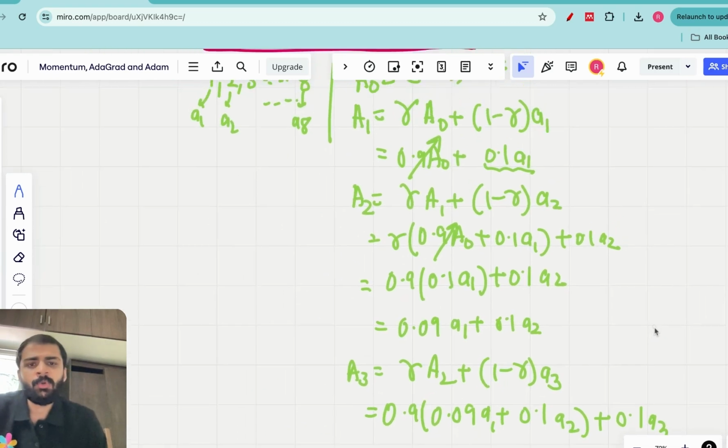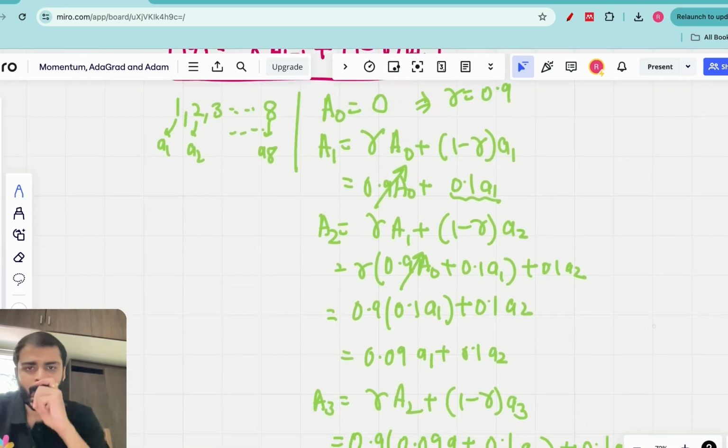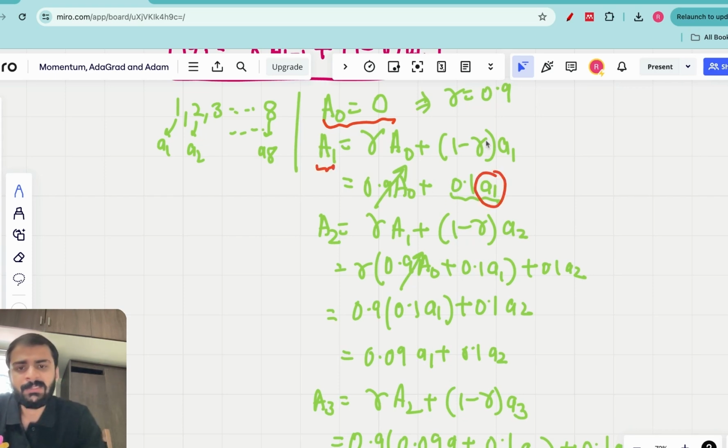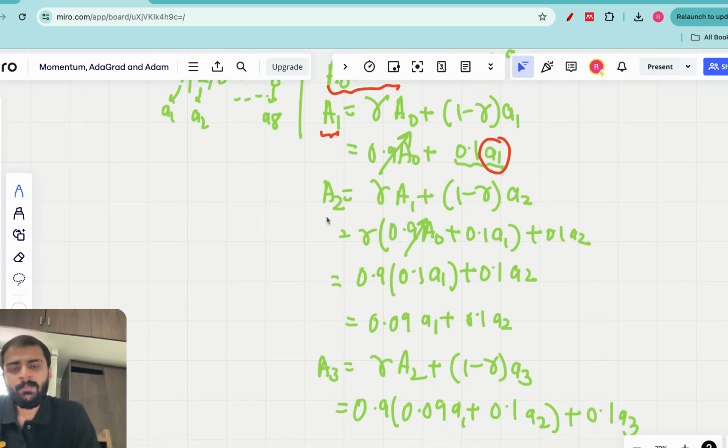So now I want you to take a look at these running or moving averages. Of course, A0 is equal to 0, which we have already seen before. Look at A1. Capital A1 just depends on small a1. That's nice. Now capital A2 has contributions of small a1 as well as small a2.